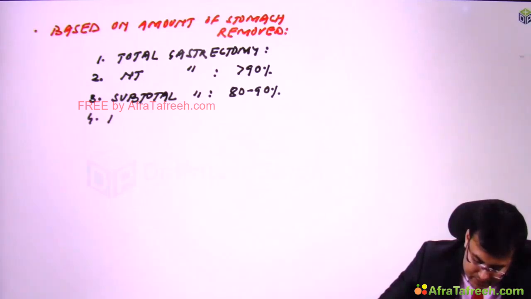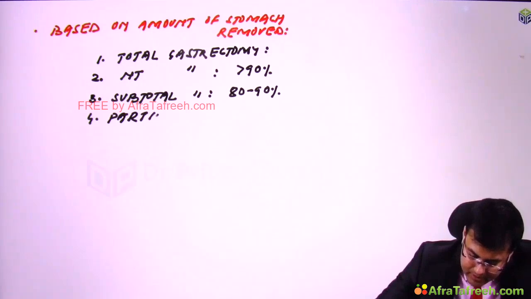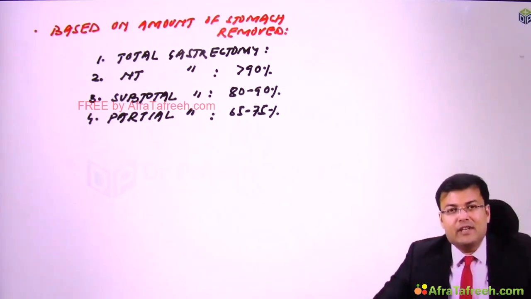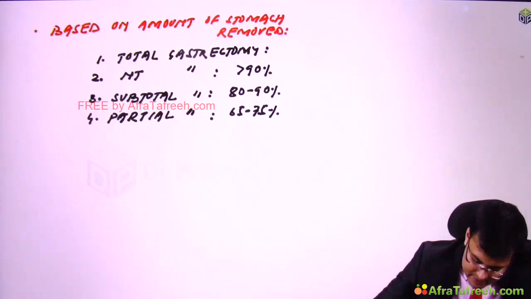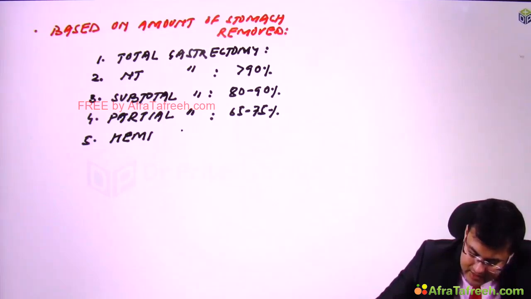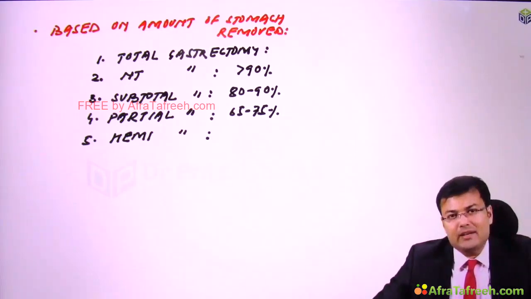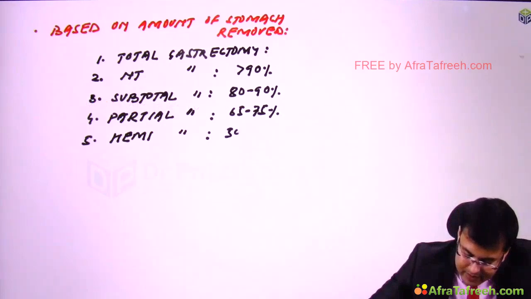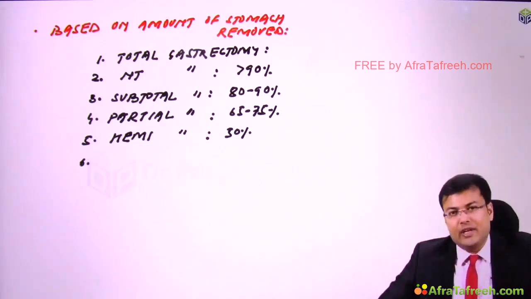After that there is partial gastrectomy, and in partial gastrectomy we remove 65 to 75%. After that there is hemigastrectomy, and as the name is self-explanatory, hemi means 50% of stomach is removed, and after that there is antrectomy.